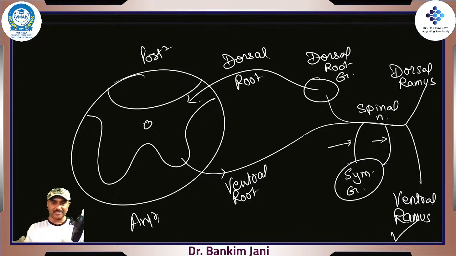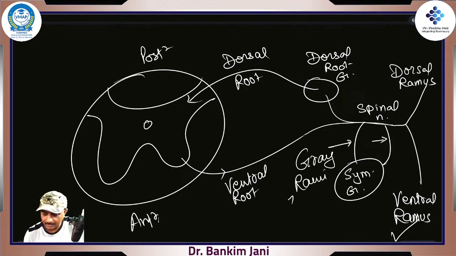So these spinal nerves, when they are going, this is the sympathetic ganglia, and via this root, which is carrying all the sensations, these sympathetic ganglia connect. So this is what is called the gray rami communicantes, and this one is the white rami communicantes.